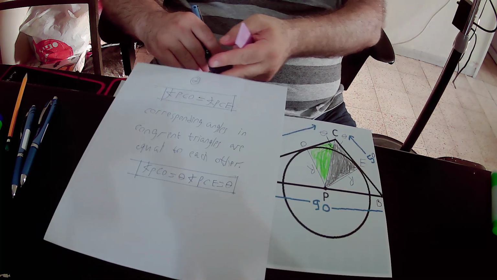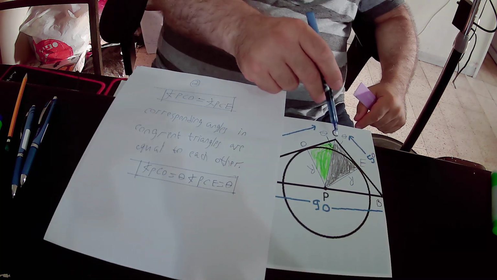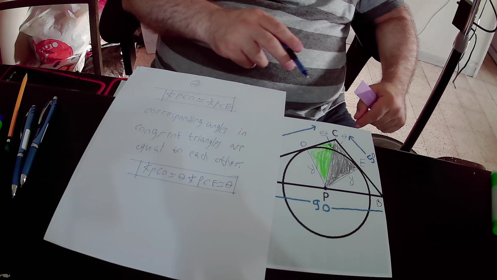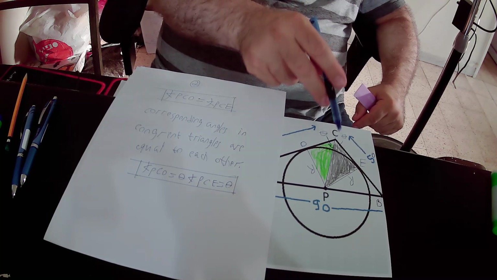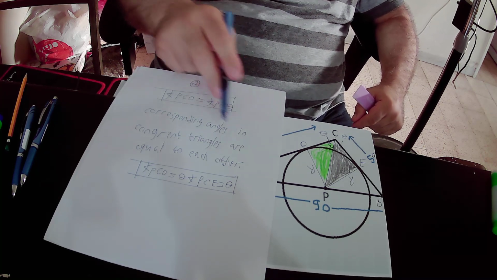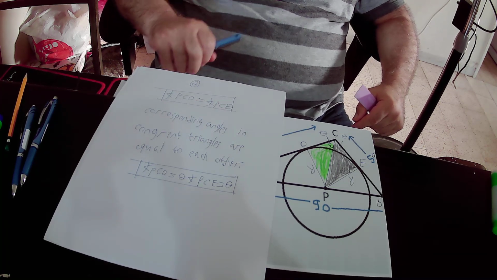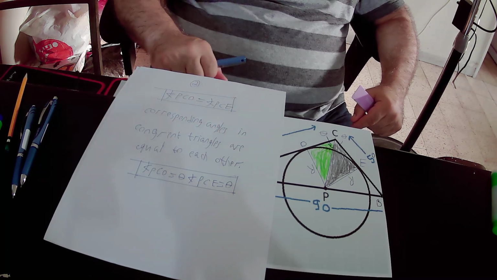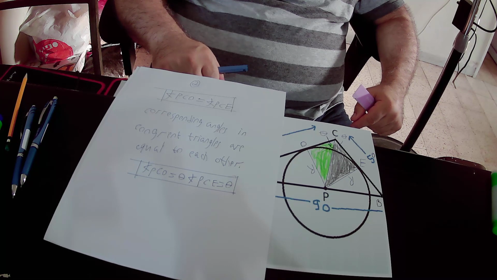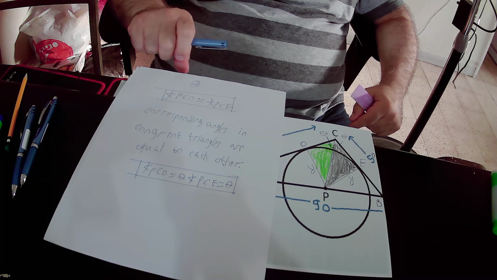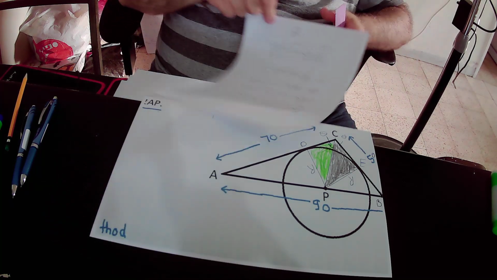Okay, angle PCO in the green triangle equals theta. It equals angle PCE in the black triangle, that also equals theta. Okay. Now I will draw triangle ABC again.